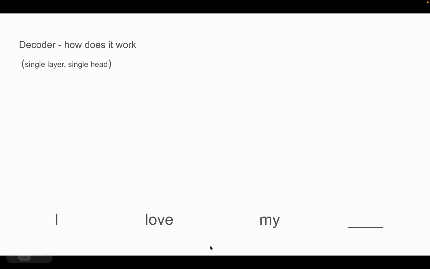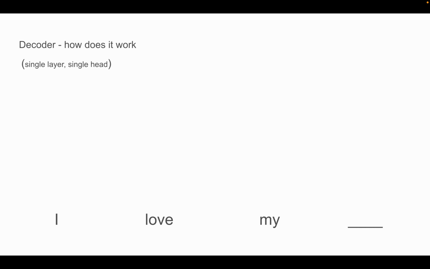For any decoder model, whatever we input, what we typically call a prompt, acts as the input to the model. I will not be discussing how ChatGPT works at a high level; that will be discussed in a separate video. But how a typical decoder model works, that's what we'll be discussing.